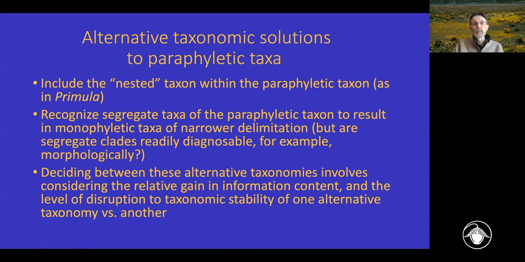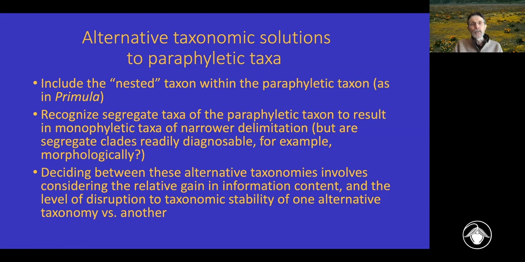So there can be some taxonomic usability criteria that come into play, whether to choose that particular option. So deciding between these alternative taxonomies then really involves considering the relative gain in information content of one versus the other, and the level of disruption to taxonomic stability of choosing one approach to revising the taxonomy versus the other.